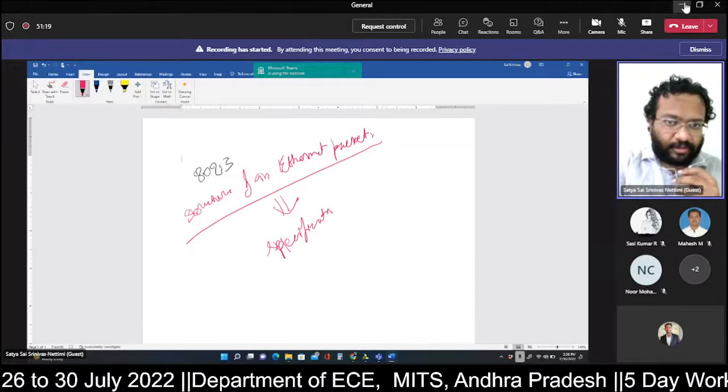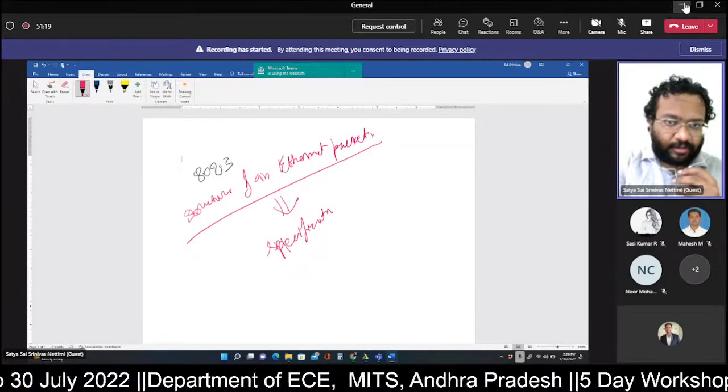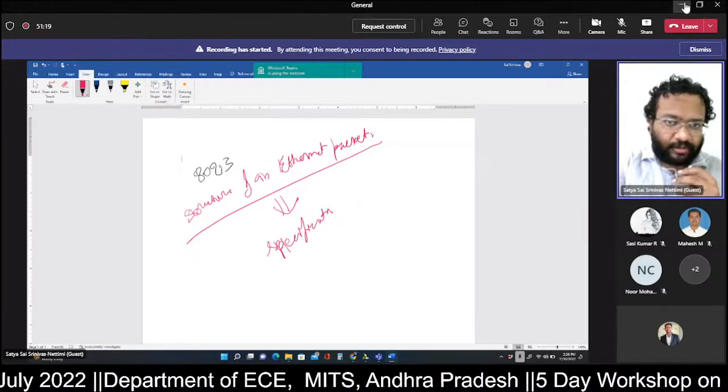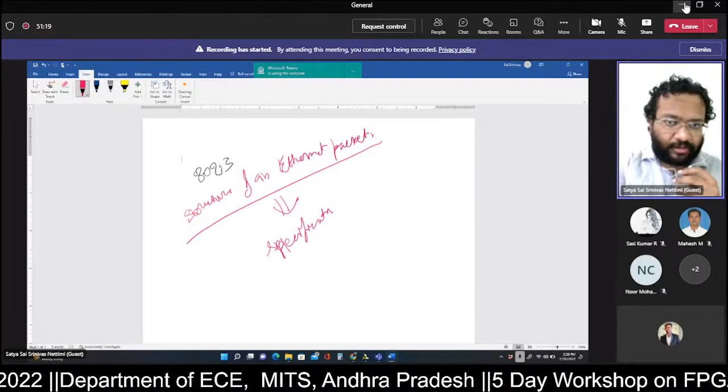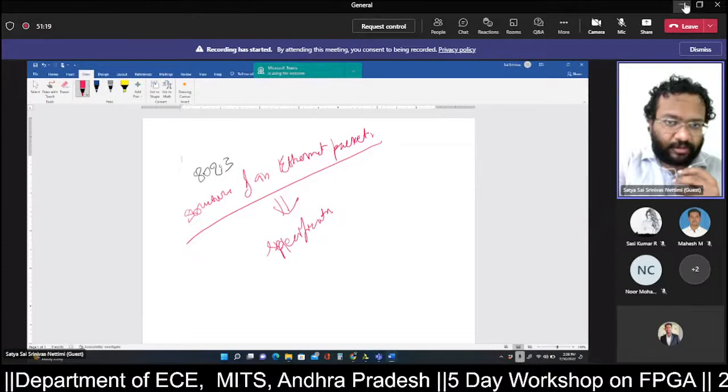Before that, it is mandatory to know about the structure of an Ethernet packet, so I will just draw the structure.